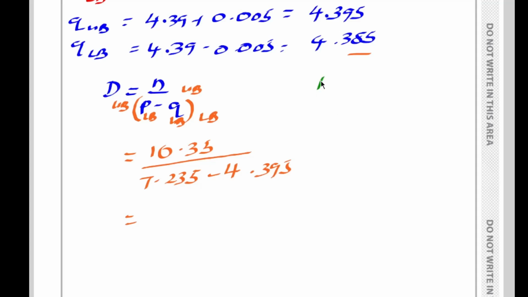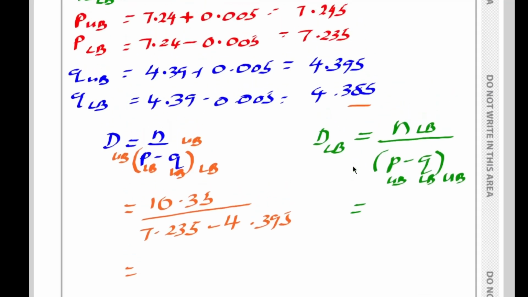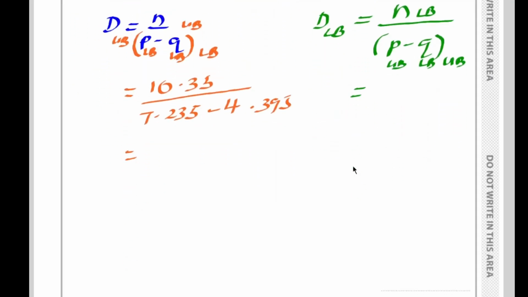Now again, D lower bound is N over P minus Q. This is division, so I have to start off with lower bound. Then the answer for the denominator should be upper bound: to get upper bound, I need upper bound here, here lower bound. So let's substitute the values. Lower bound of N is 10.25.